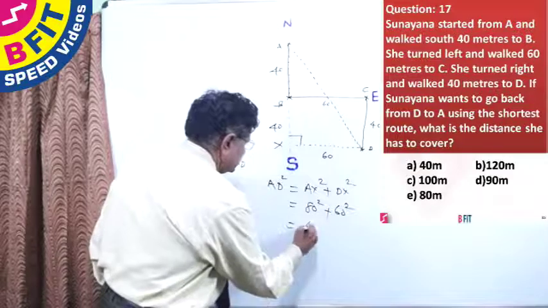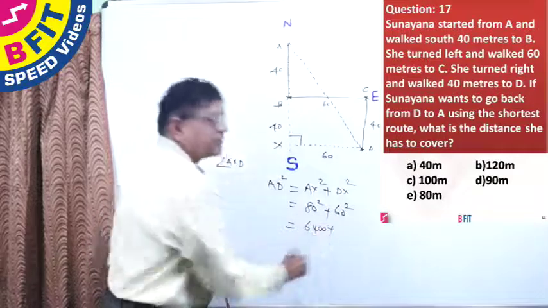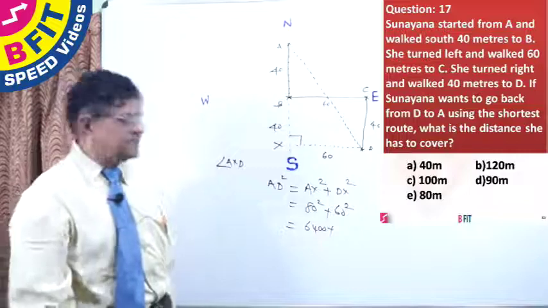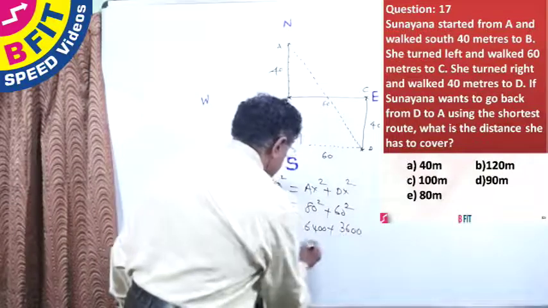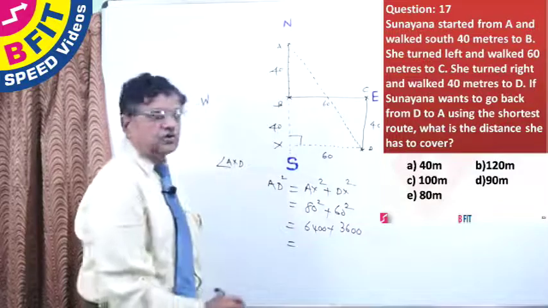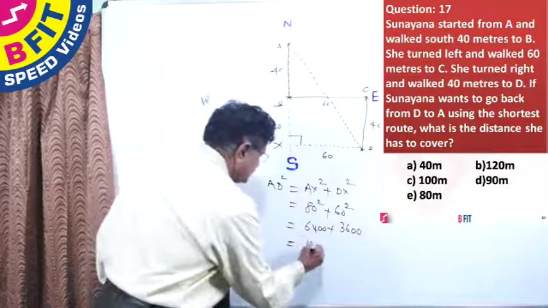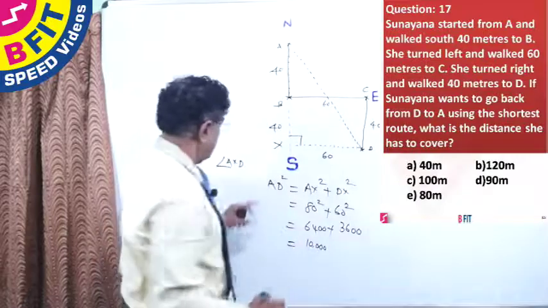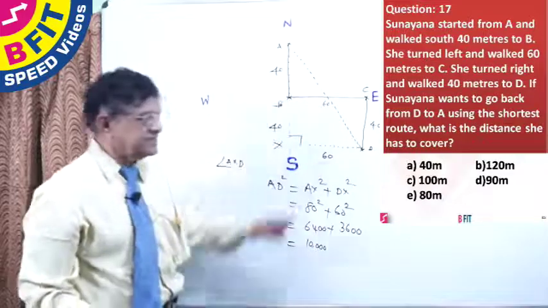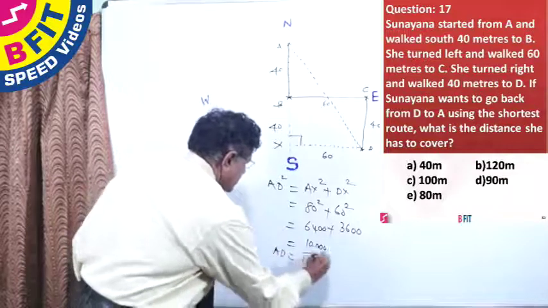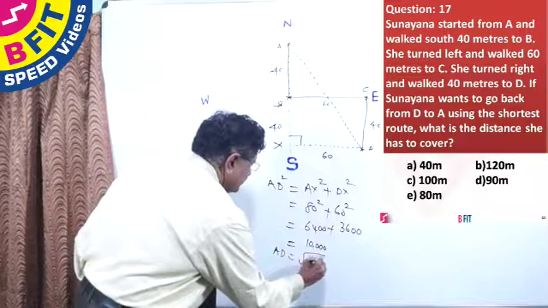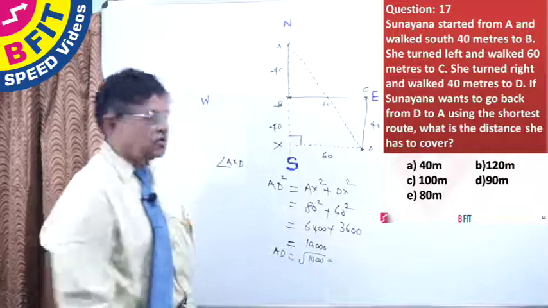This is equal to 6400 plus 60 into 60, 3600, which is equal to 10,000. And AD is root of 10,000, which is equal to 100.